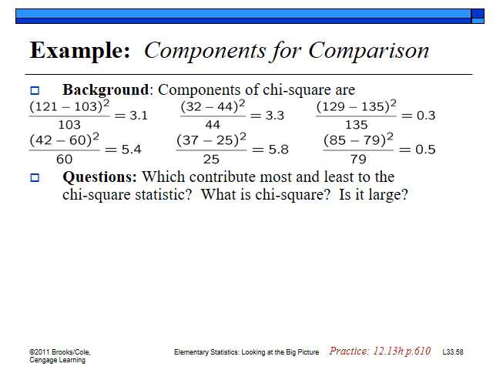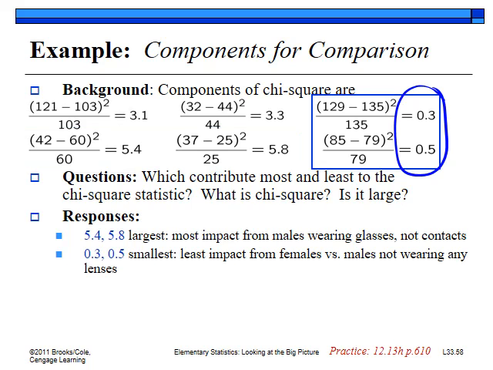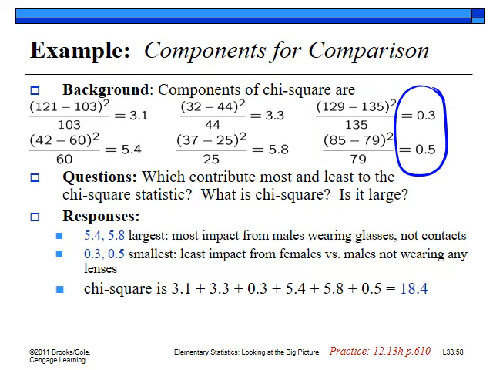Which of these contribute the most and which contribute the least to the chi-square statistic? Well, it's the largest numbers. Notice they come out of the first 2 columns, kind of like we expected. The ones for the third column are not very big at all, right? So what is chi-square? Well, add those numbers up and we get 18.4.